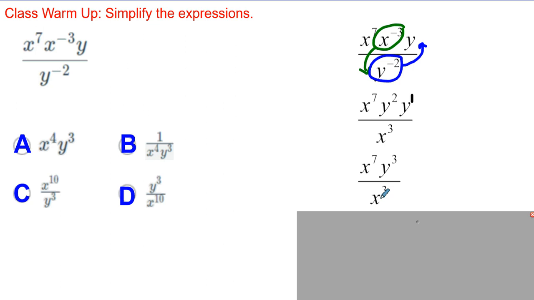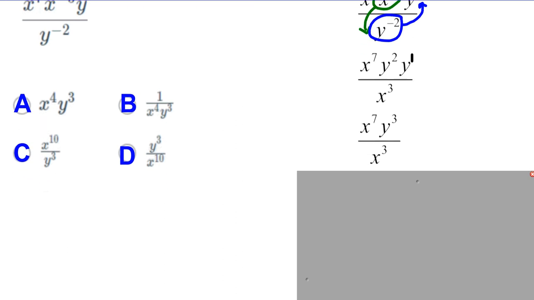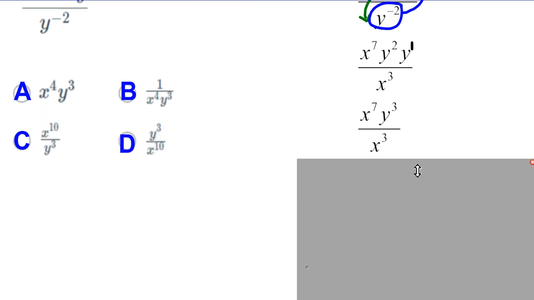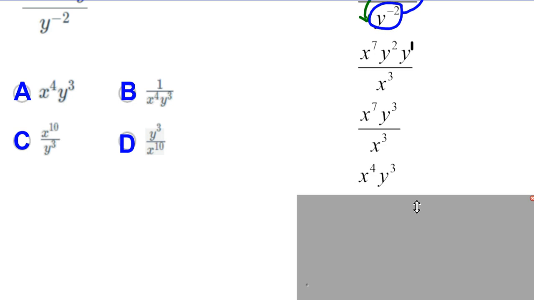We can divide out x 3 times from both the numerator and denominator, leaving 4 x's in the numerator being multiplied together. Well, that would be denoted by x to the 4th in the numerator, and then we have the y to the 3rd in the numerator. And the denominator is 1, and we know we don't typically write denominators with 1, so that's how we're simplifying to get x to the 4th, y to the 3rd to match with your answer option for A.